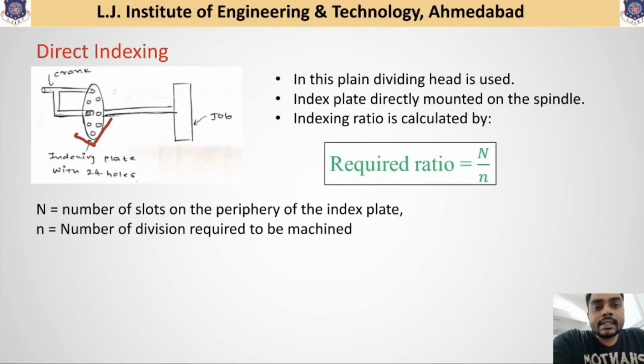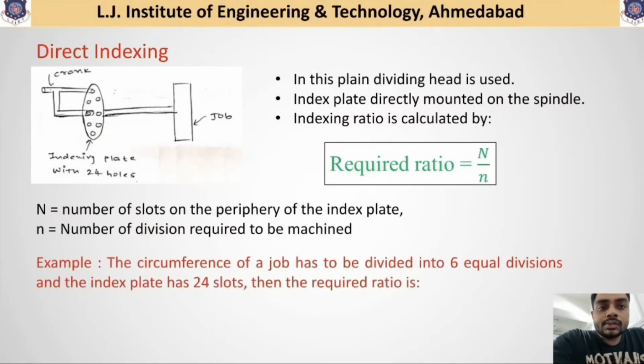So let us take an example. Suppose the circumference of a job has to be divided into 6 equal divisions and the index plate has 24 slots. Then what is the required ratio?